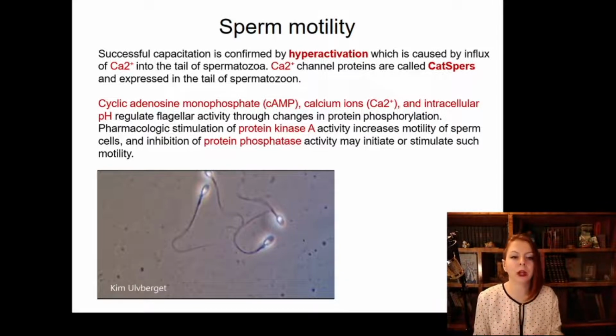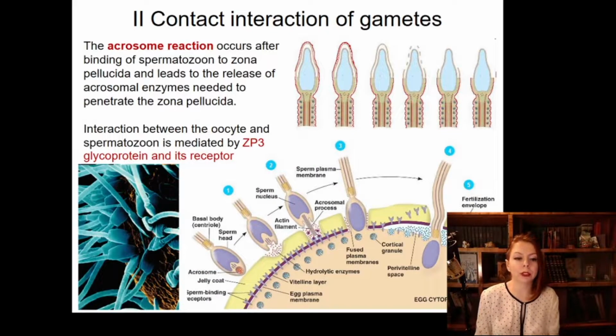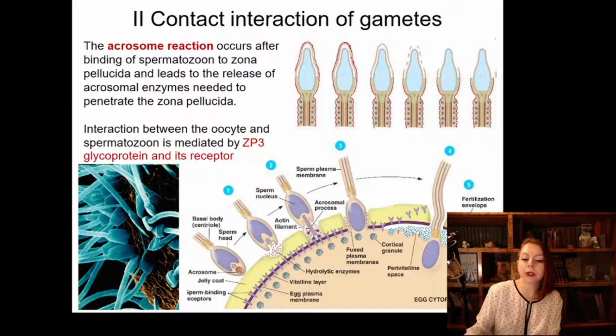Okay, so after we've discussed the distant interaction between the gamete cells, when spermatozoa sense the smell of the oocyte, they move against the current of the fluid, and along with this movement and swimming, they are washed and become hyperactive due to calcium and cyclic AMP. Now we approach the contact interaction of gametes.